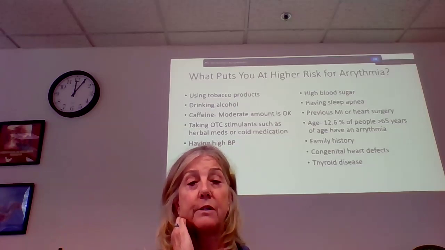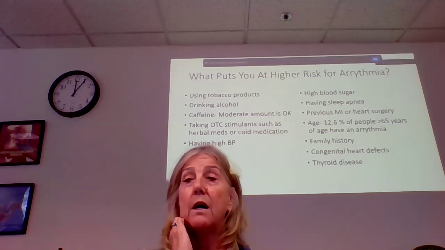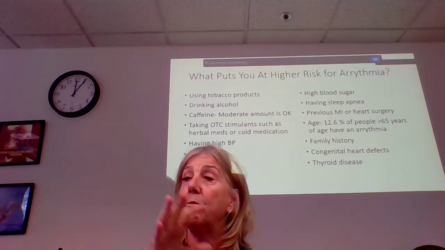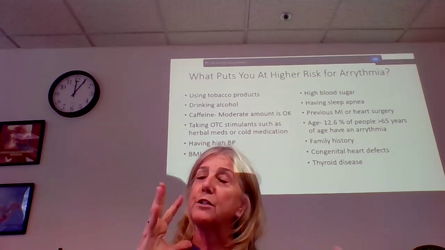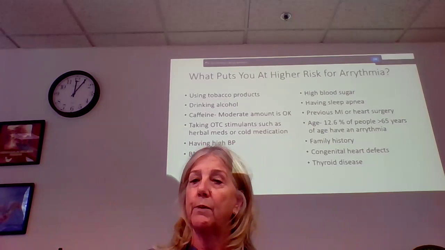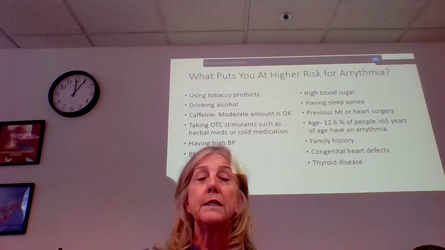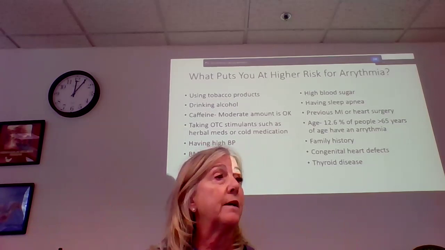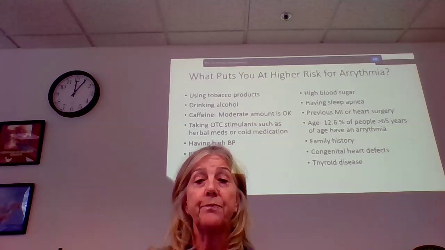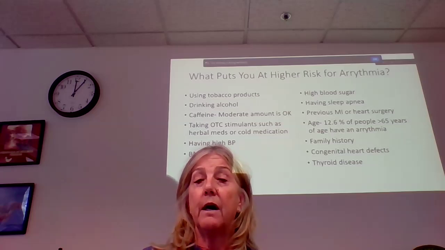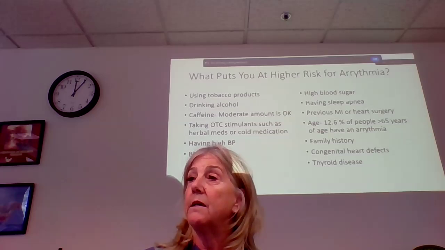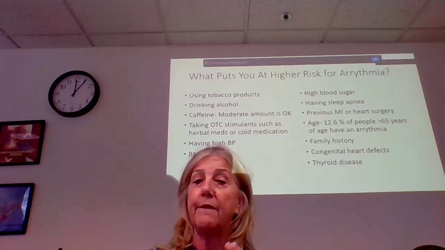Having high blood pressure, and just being overweight has an association with higher arrhythmia risk. High blood sugar and sleep apnea are associated with the development of atrial fibrillation. Having a previous heart attack or heart surgery, likely because of scar tissue and maybe some inflammation in there.